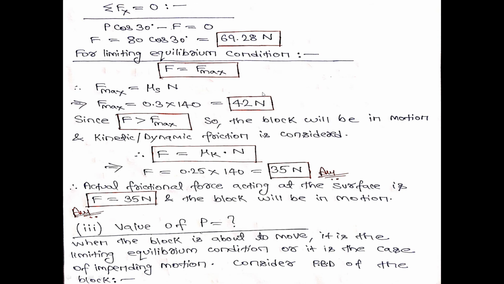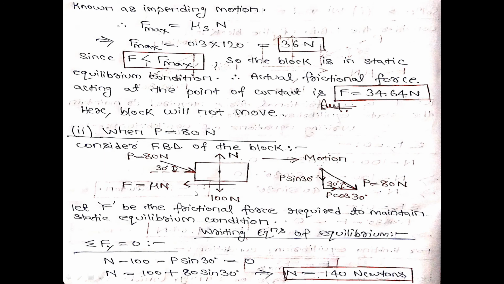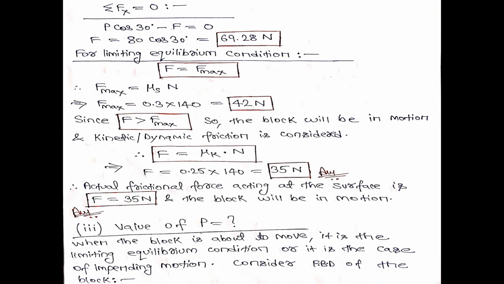That means the frictional force which we calculated earlier, F equal to 69.28 Newton, is the wrong frictional force. The corrected frictional force will be F is equal to mu k into N. Mu k given in the problem is 0.25, into N, the normal reaction, which is nothing but 140 Newton, and finally I will get the value of the corrected frictional force F as 35 Newton.